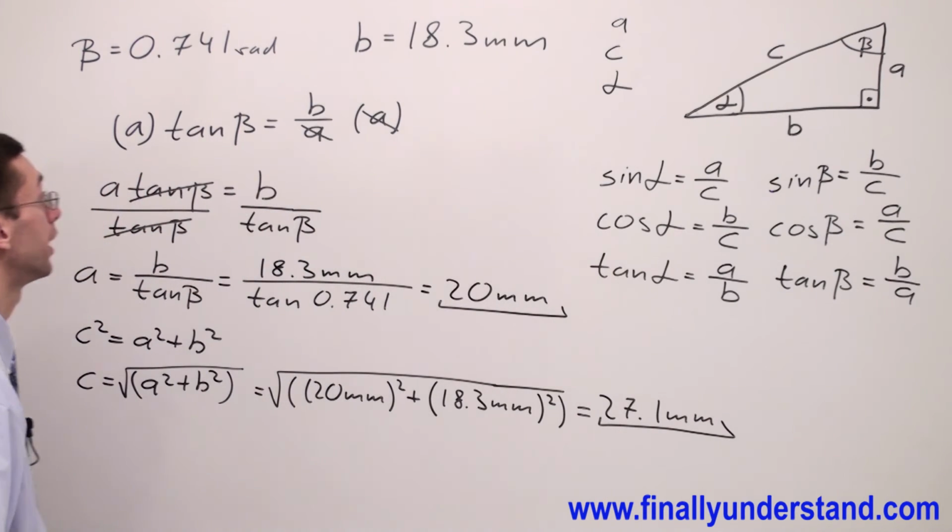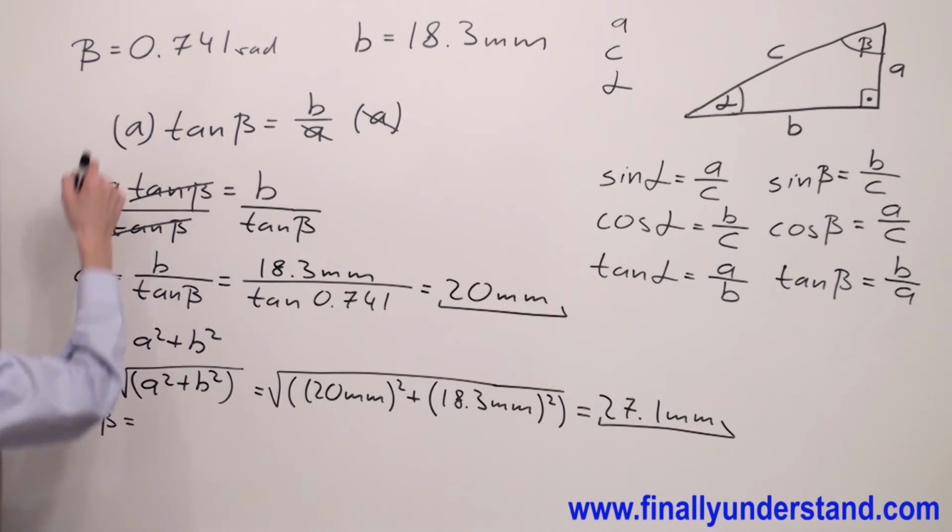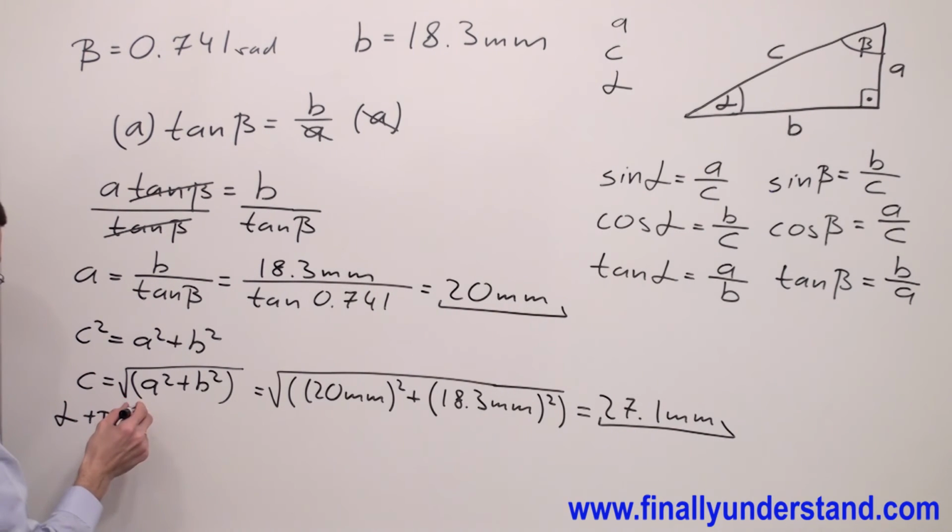In order to find the angle alpha, you're supposed to remember that angle alpha plus angle beta is equal to 90 degrees, but this time the angle is expressed in radians, so 90 degrees converted to radians is equal to pi over 2. In order to find alpha, I'm supposed to move angle beta to the right side of my equation.